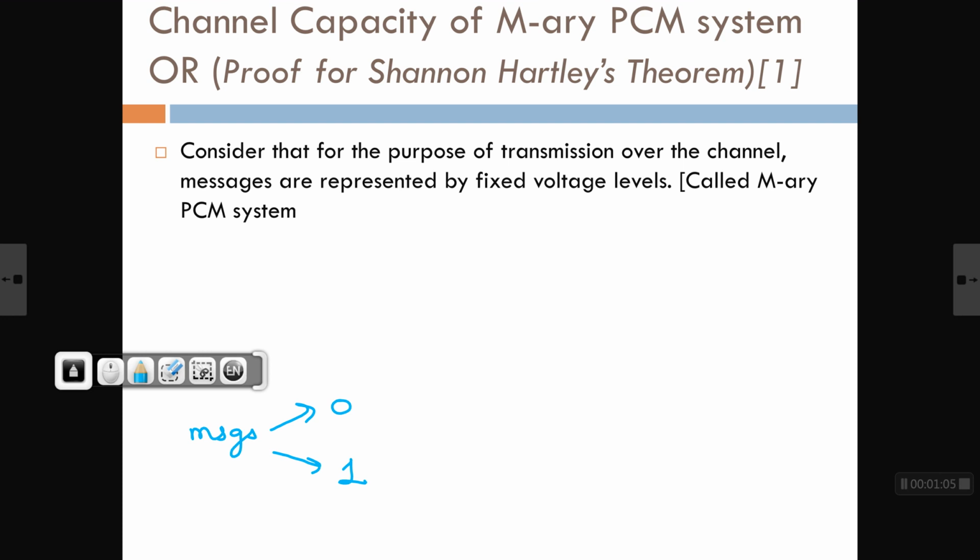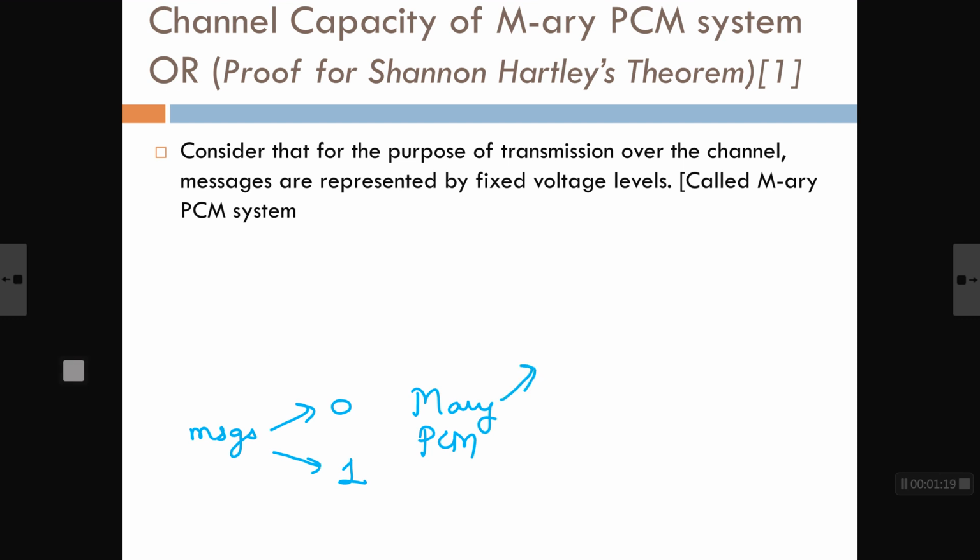But we have extended it into an M-ary PCM system. An M-ary PCM system would not be sending only zeros and ones, but it would be sending certain other voltage levels as well. So I may have, say, different voltage levels. In between 0 and 5, I will have, say, 0, 1, 2, 3, 4, 5.